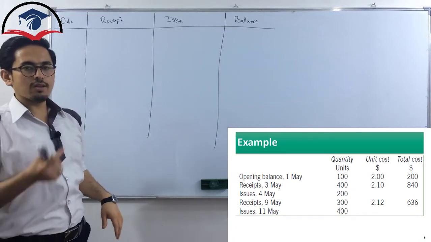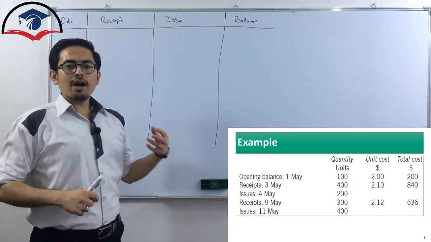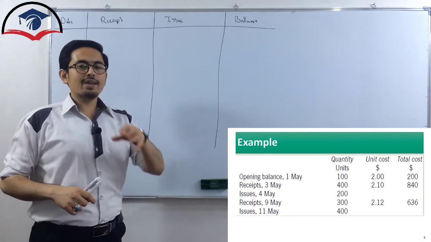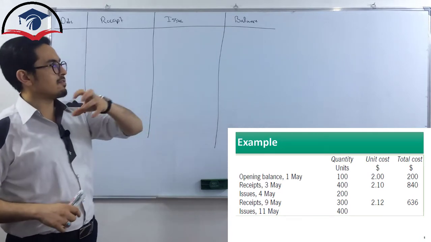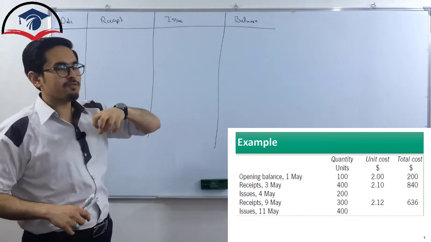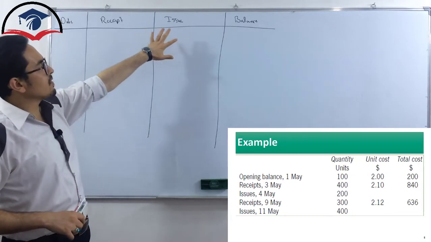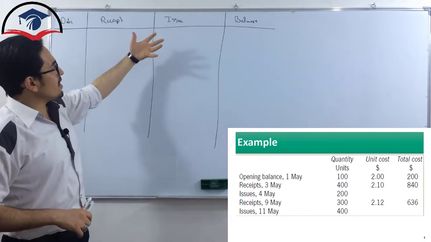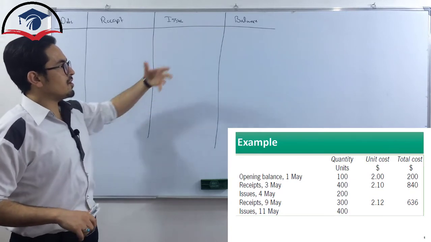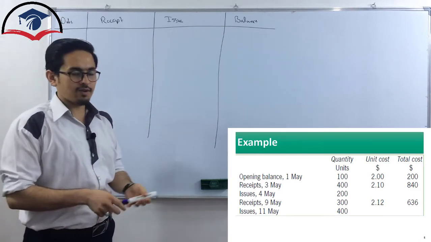As per the FIFO method, we're going to transfer the balances mentioned at the bottom of your screen to this area so that we can see the cost of the issue, the purchases, and the balance available.